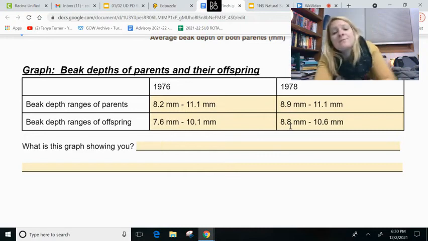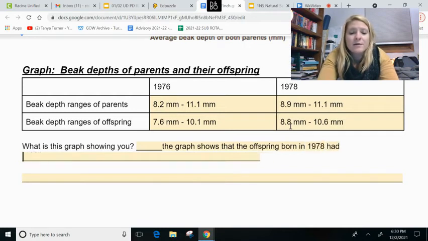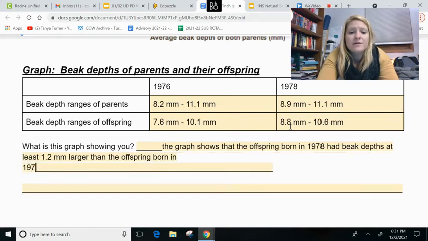So what is this graph showing us? The graph shows that the offspring born in 1978 had beak depths at least 1.2 millimeters larger than the offspring born in 1976.